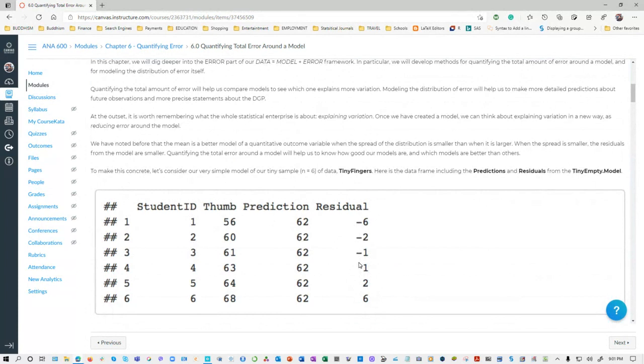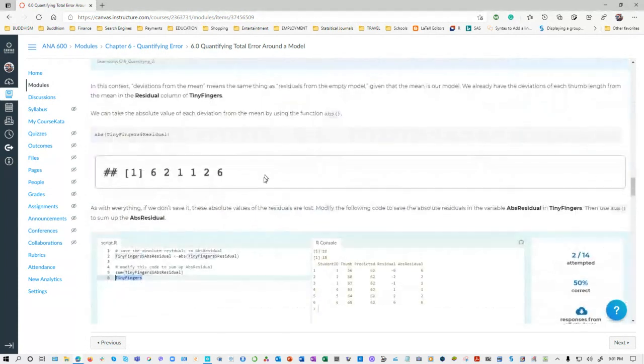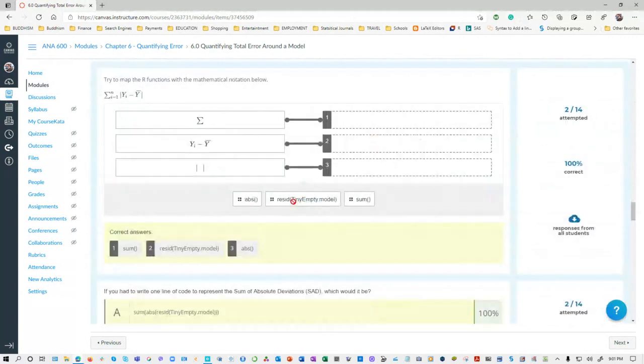Already we took the absolute of that later, but in order to get the residual, you definitely have to use, you can easily use the resid function. See? Resid of whatever the name of the model. See? That one. And then take this one. Sum is this one. See? Look at the mathematical notation being translated physically, and then there are codes. So the sigma, you can easily see that.